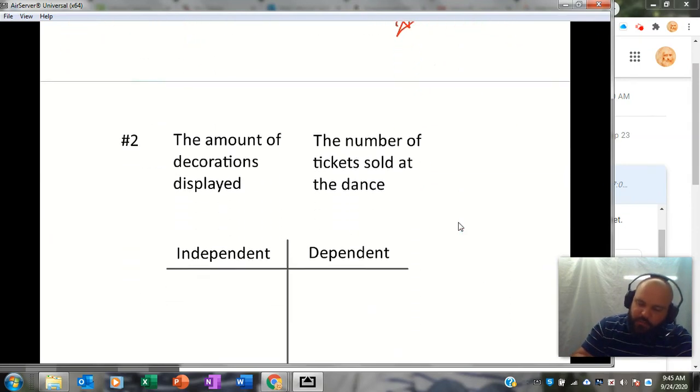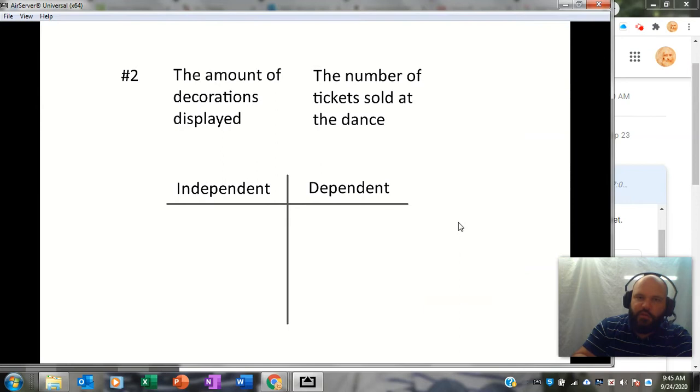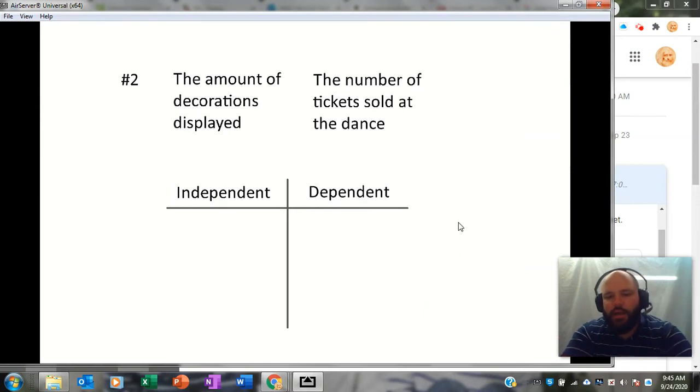So we're going to look at some word problems, but before we do that, we're going to practice a little bit picking which one is the dependent and which one is the independent. Again, to me, it's easier to figure out which one is the dependent, but we'll take a look.